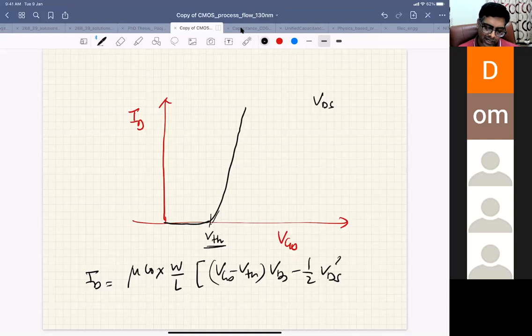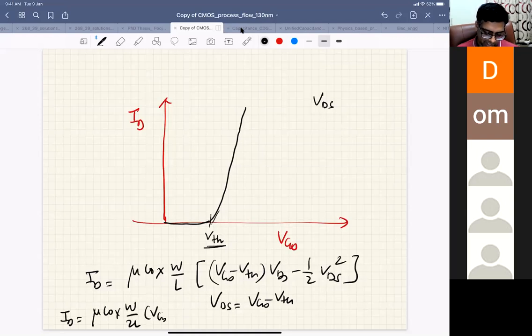This is our universal equation. But in the saturation, your VDS will be VGS minus VTH, and this equation will become mu Cox W by 2L VGS minus VTH square. Right? Okay.